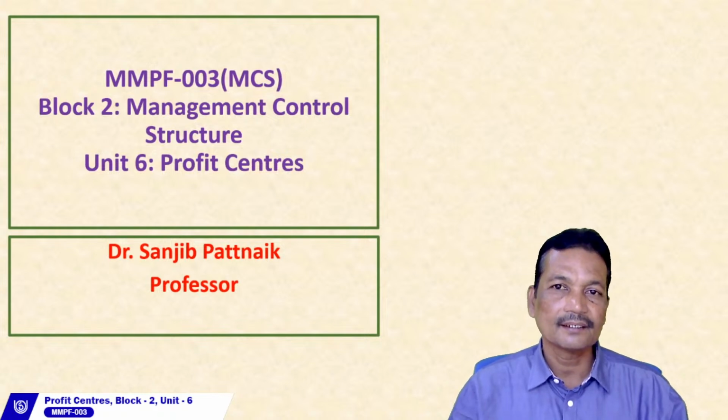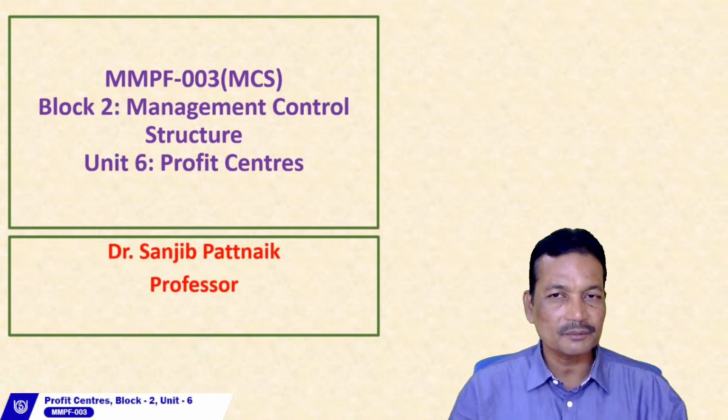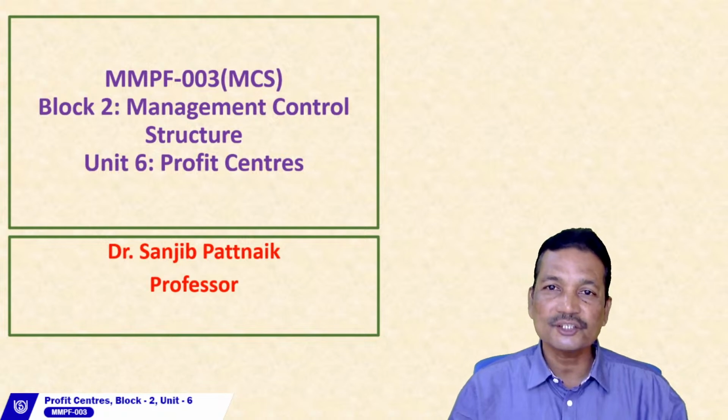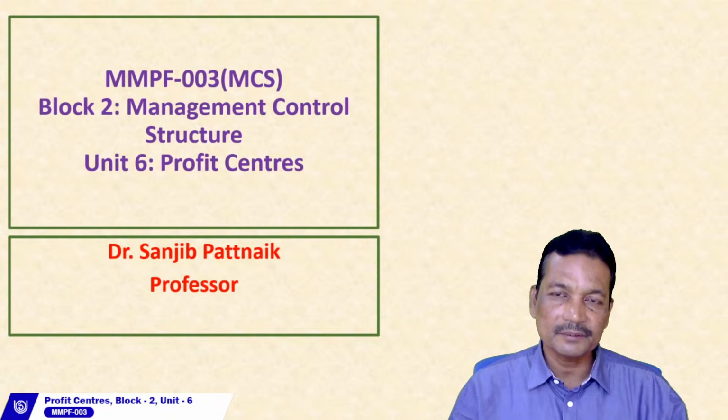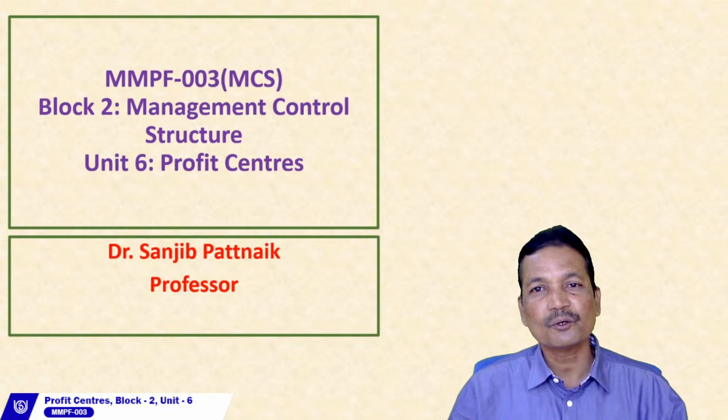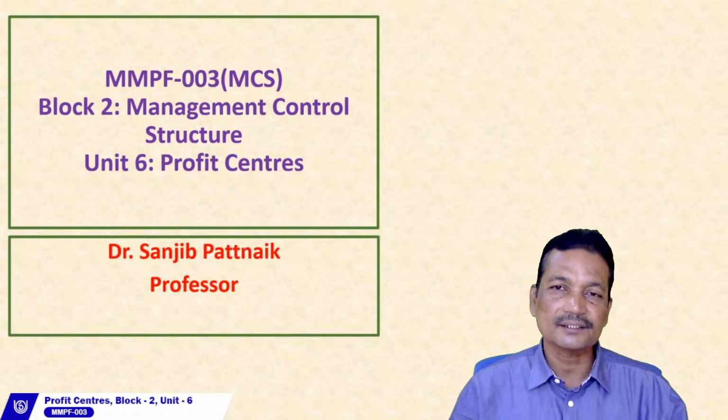Apart from that, the highest form of responsibility centers that we have is not only the generation of profit, but how assets can be built up in the divisions which will generate more amount of profits in the future years.